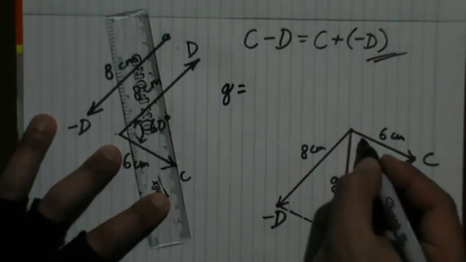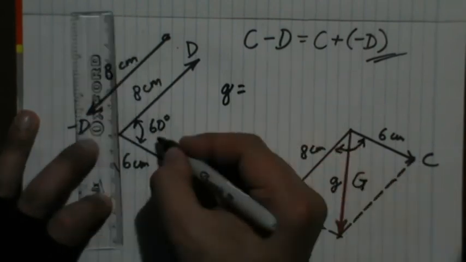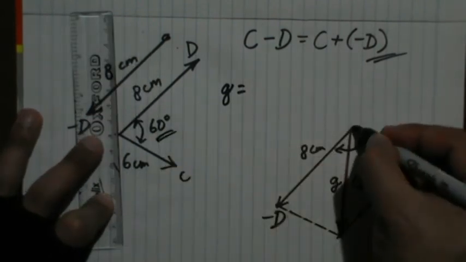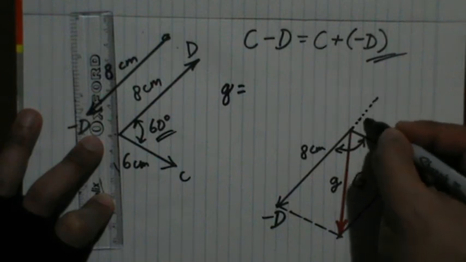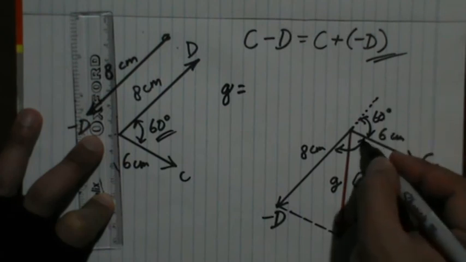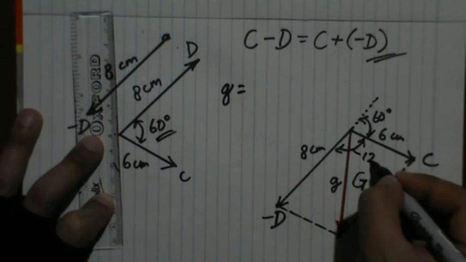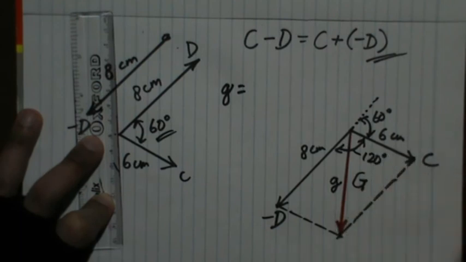But be careful, now the angle between vector C and minus D is not 60 degree, because this is 60, but you can find this angle, and that's 120.